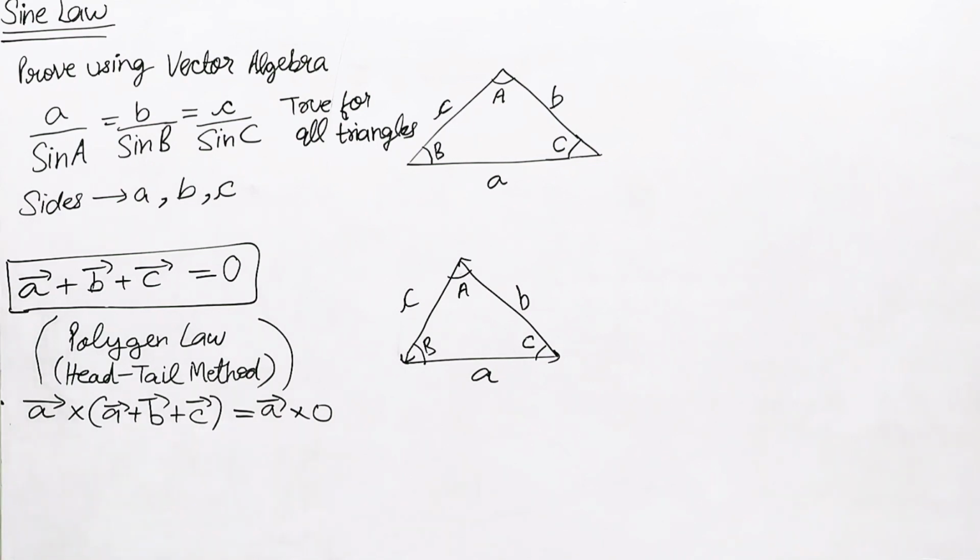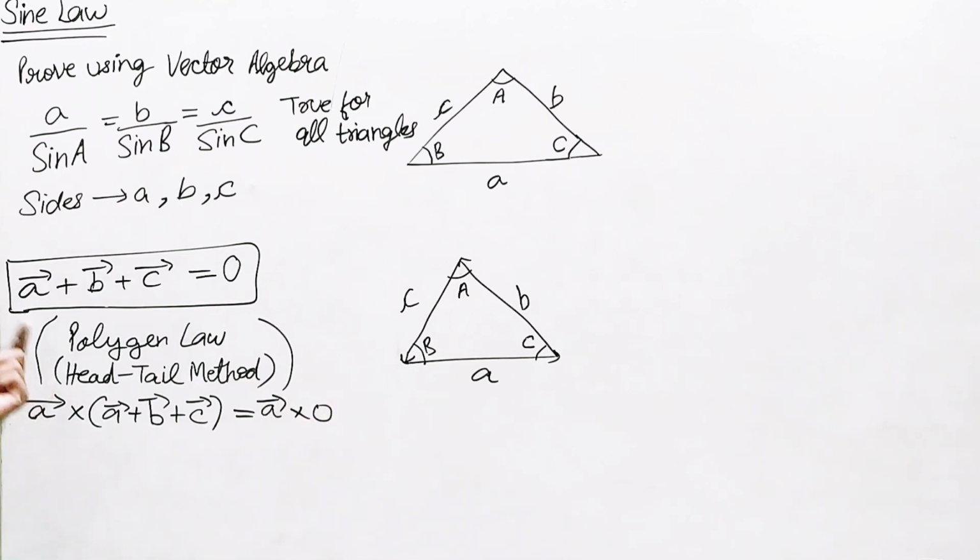So suppose we have to find the ratio. First of all, we're going to take A1, A vector, okay? So A into A plus B plus C is equal to A into 0.